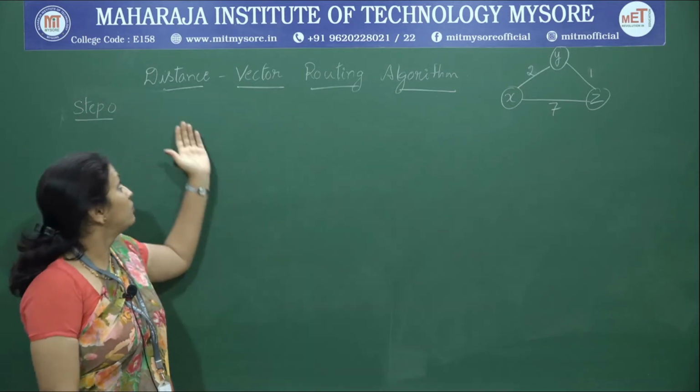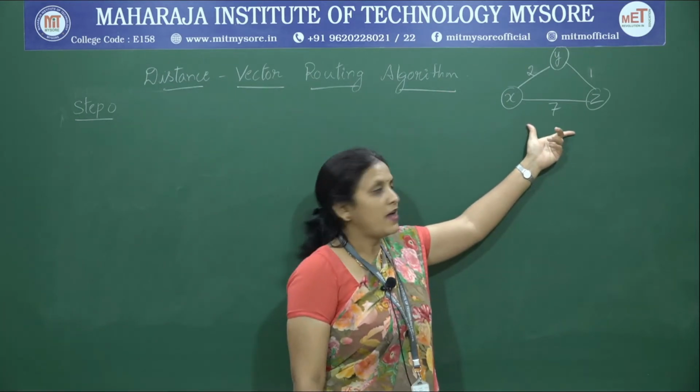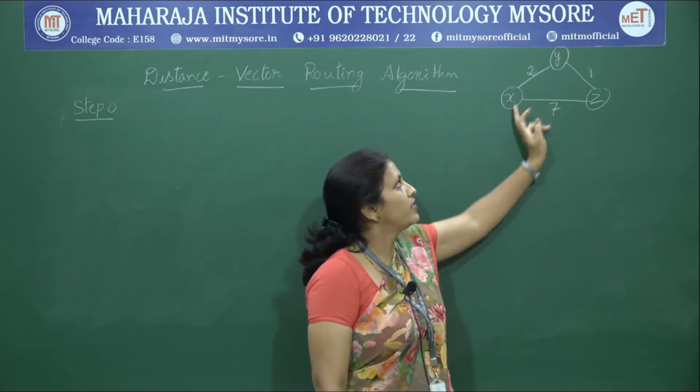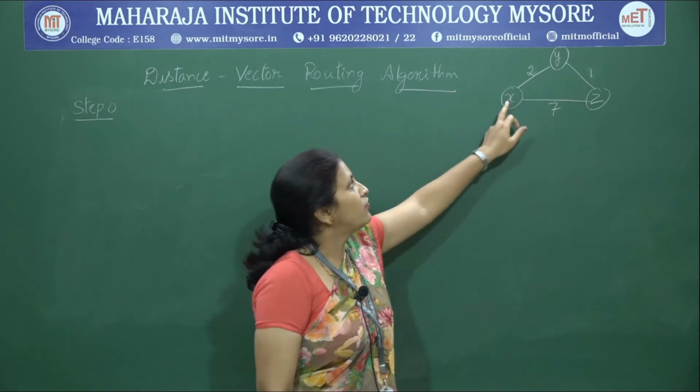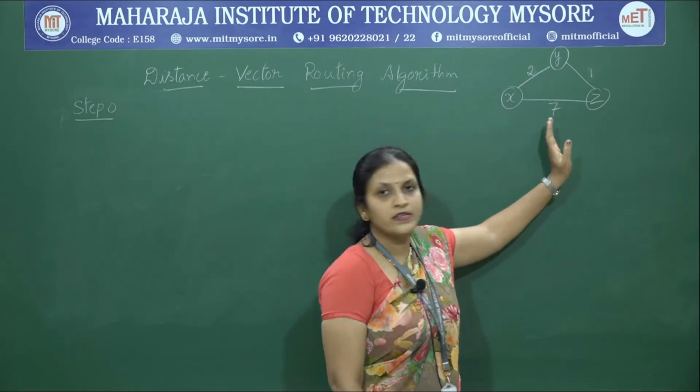To understand the working of the distance vector routing algorithm, I am considering a simple network with 3 routers, a graph with 3 nodes x, y, z, where the cost of x to y is 2, y to z is 1, and x to z is 7.